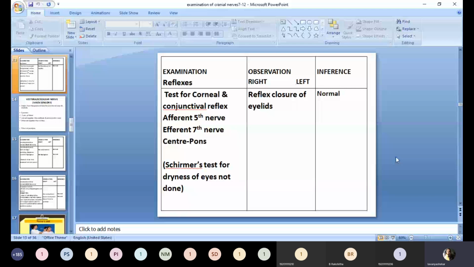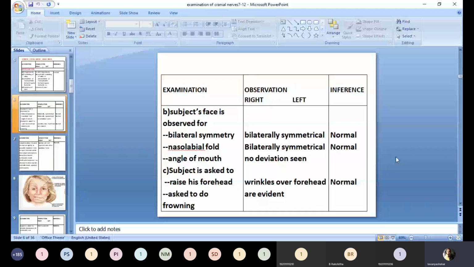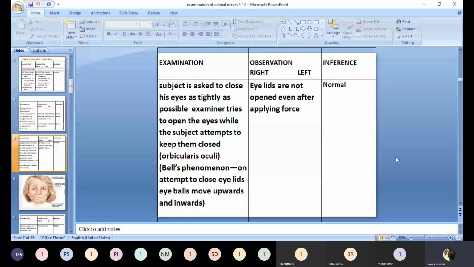If there is no dryness, that is xerosis, then next you are going to check for the symmetry and the appearance of the nasolabial fold, and also look for the angle of the mouth. Then you check the facial expression, the orbicularis oculi muscle, and whether there is presence of Bell's phenomenon or not.